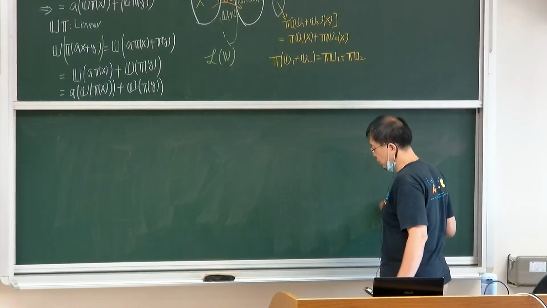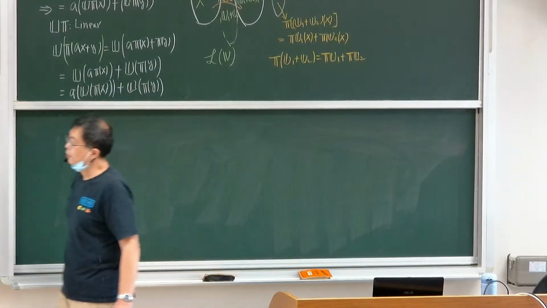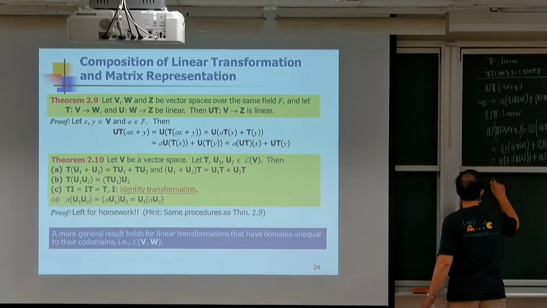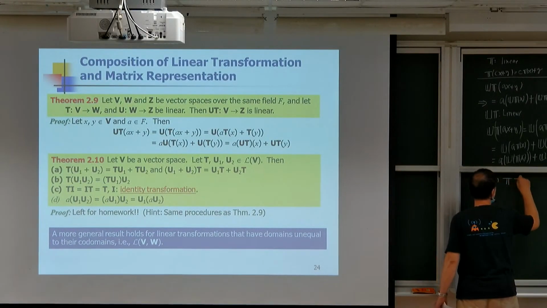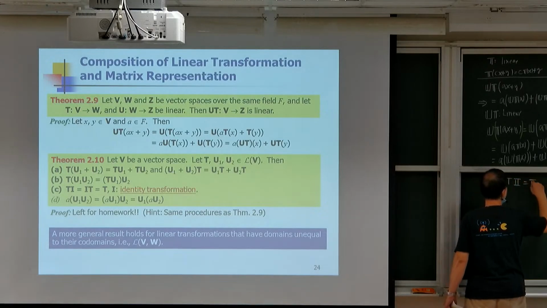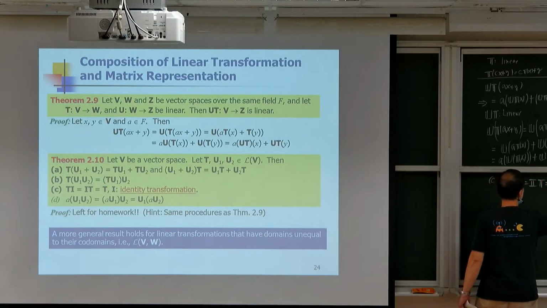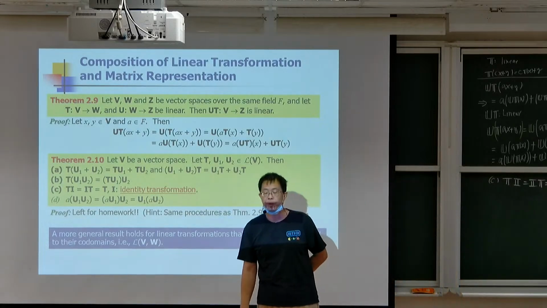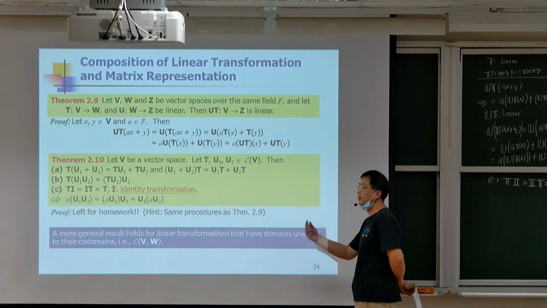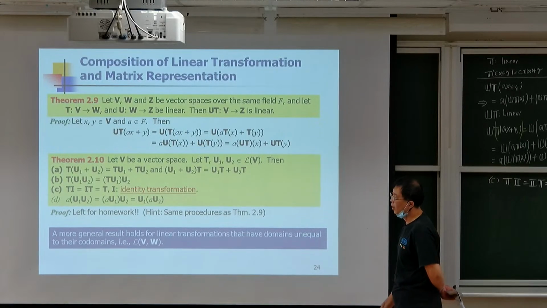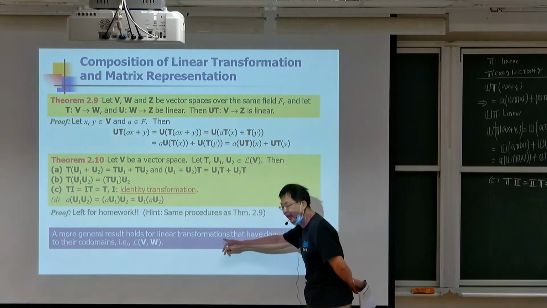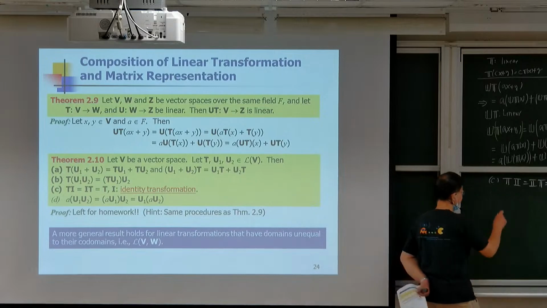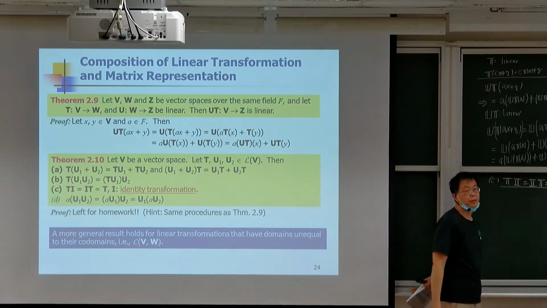In C we say that TI equals IT equals T. This looks very simple, but if you want to apply this linear transformation to a general case, then this one has to be rewritten.